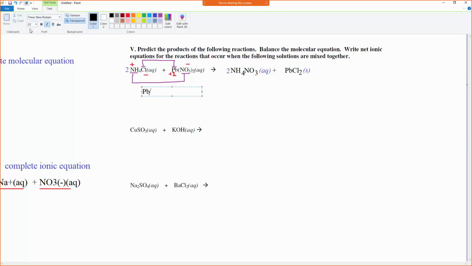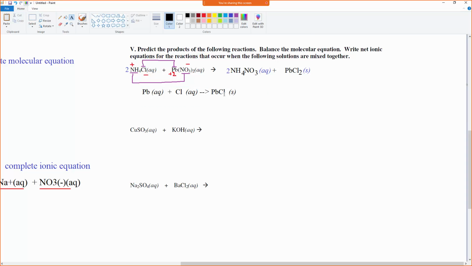All right, so I've got my aqueous lead plus my aqueous chloride going to form lead PbCl2, which is solid.